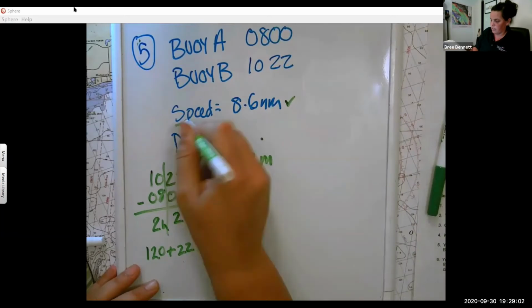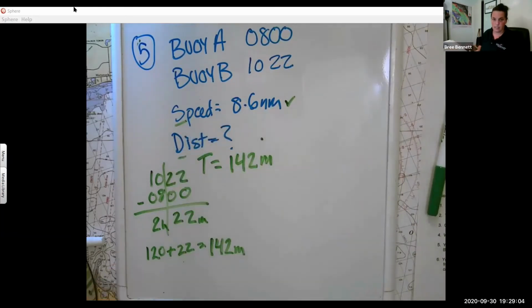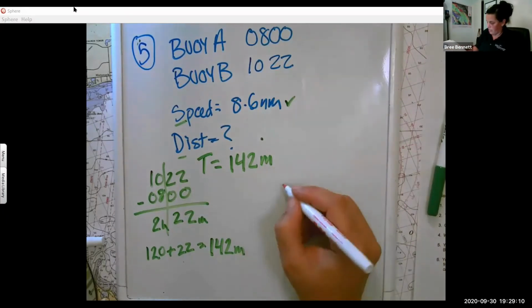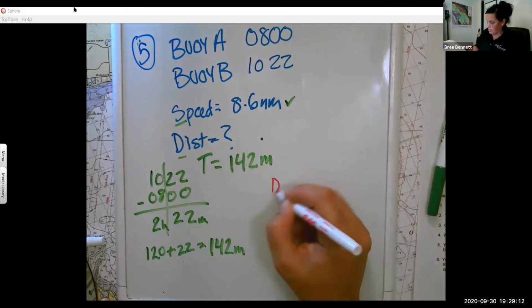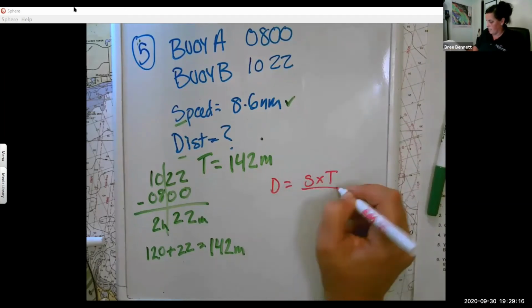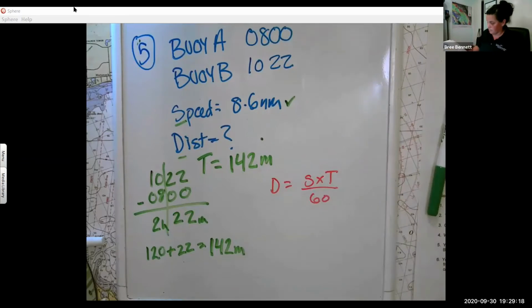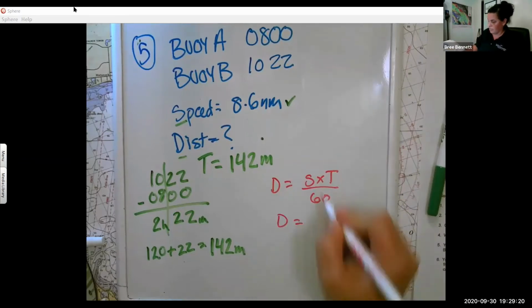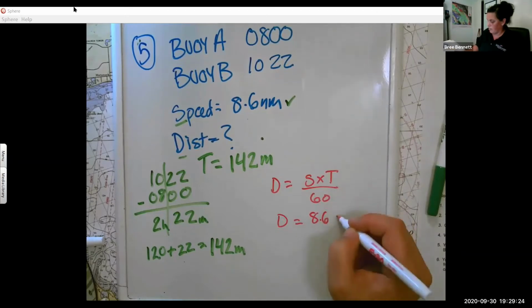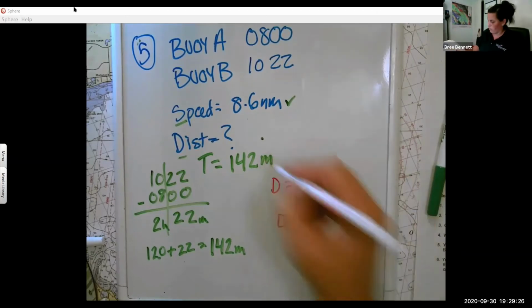I have my speed. I'm looking for my distance. So now I can go to my 60 D street, looking for distance. So I have distance equals speed times time divided by 60. My speed was 8.6. My time was 142.